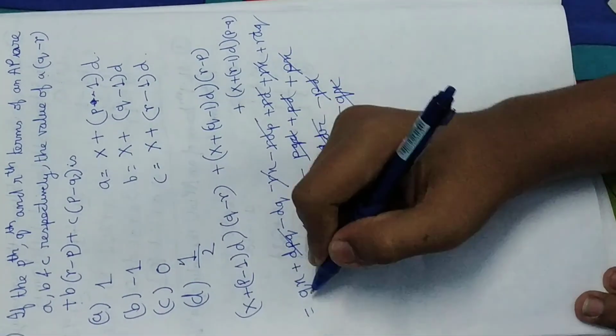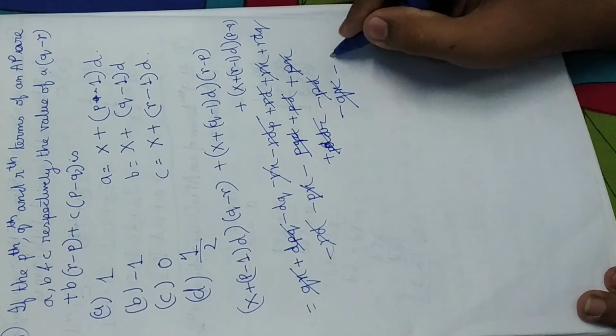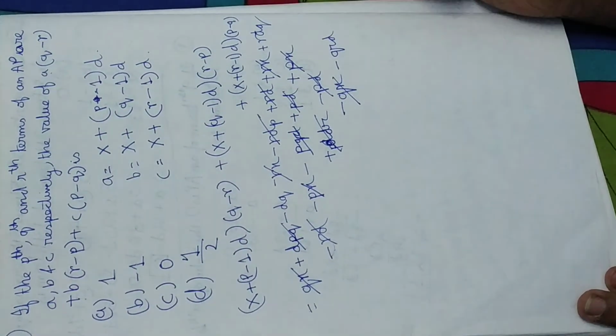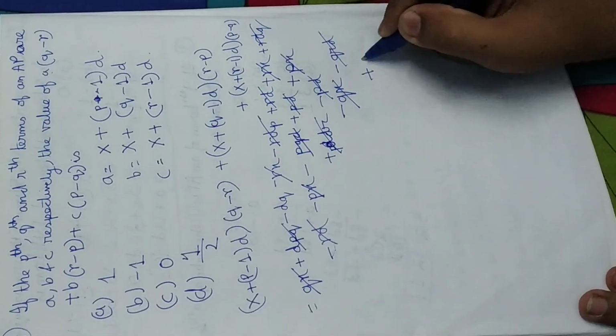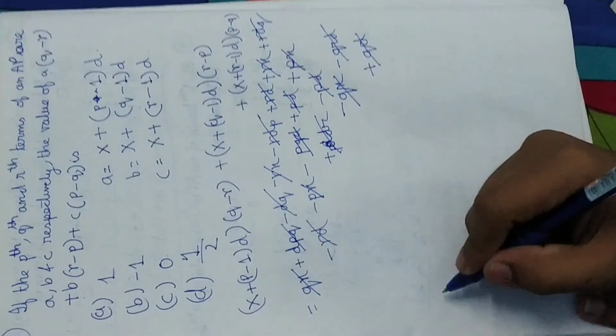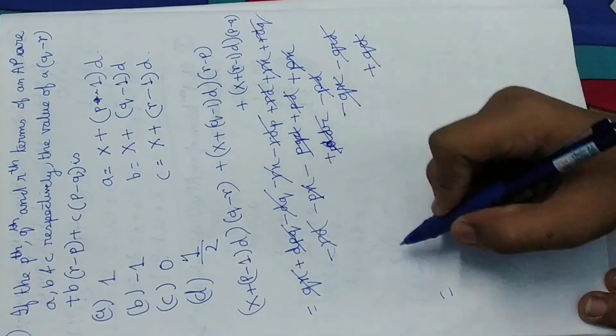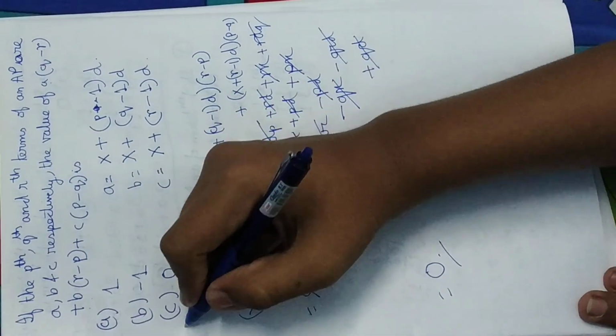Minus qx cancels with the first term. Then it's minus qrd, which is here, it cancels, and then plus qd cancels here. Hence, every term of the statement cancels, and the answer comes 0, which is the final solution.